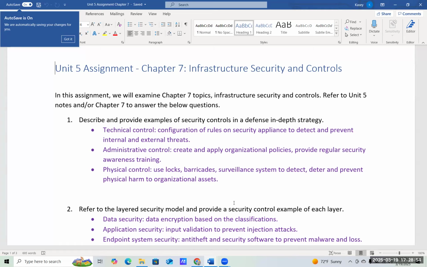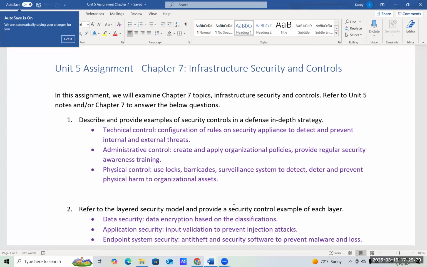Prevention should be your first area, and detection is going to be more of a reactive approach, right? But we know that things will happen, and so we want to detect and prevent internal and external threats. So internal threats could be employees, disgruntled employees. External threats could be your attackers or malware, right? That's coming in from the internet.